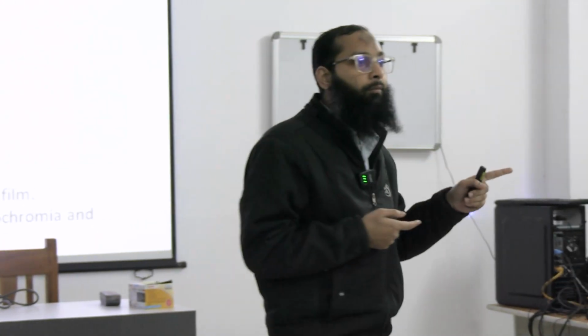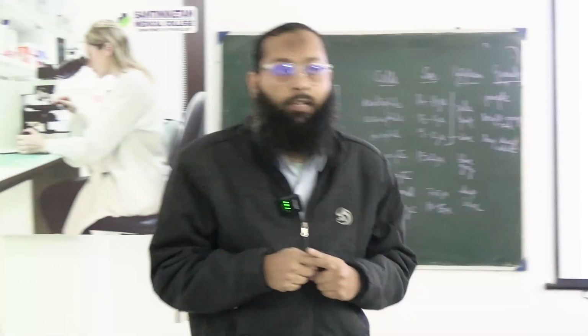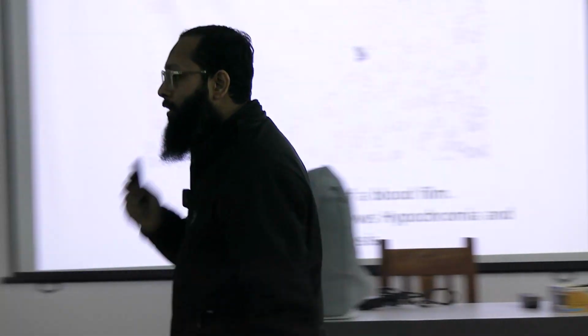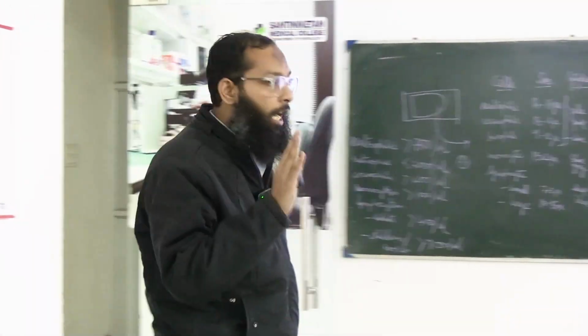This region should be less than 1/3 of the diameter of an RBC. Is it clear to all? If it is more than that, then we will call them hypochromic RBCs. Clear to all? So, now you will be able to identify microcytic hypochromic RBCs.